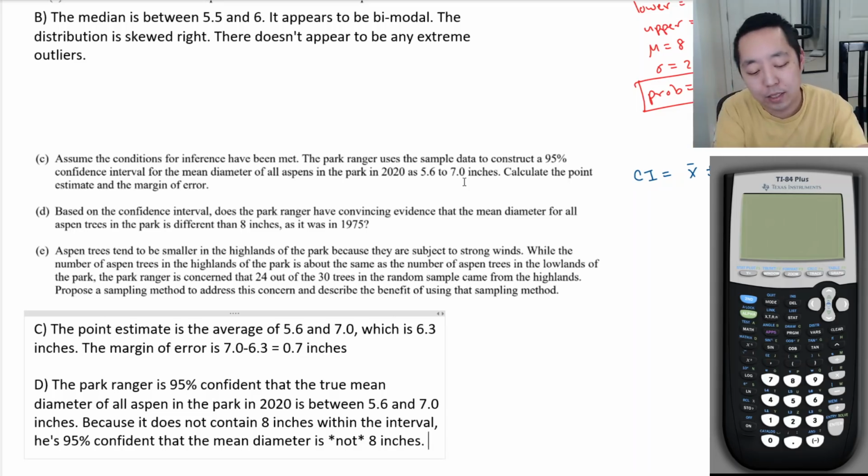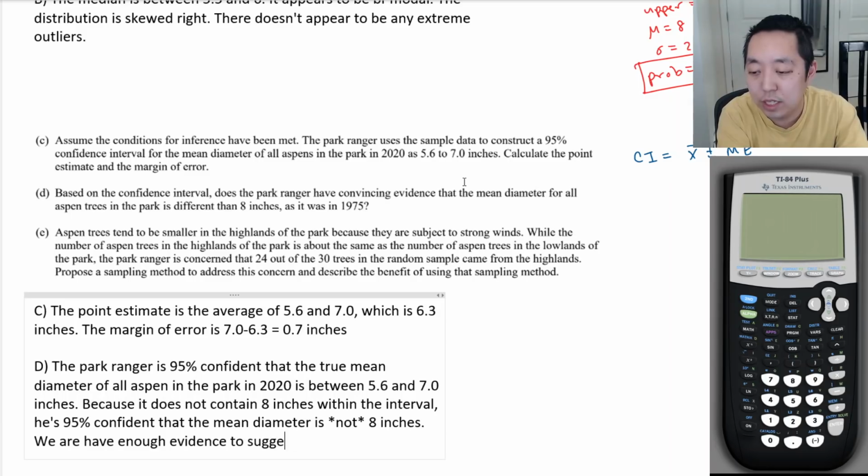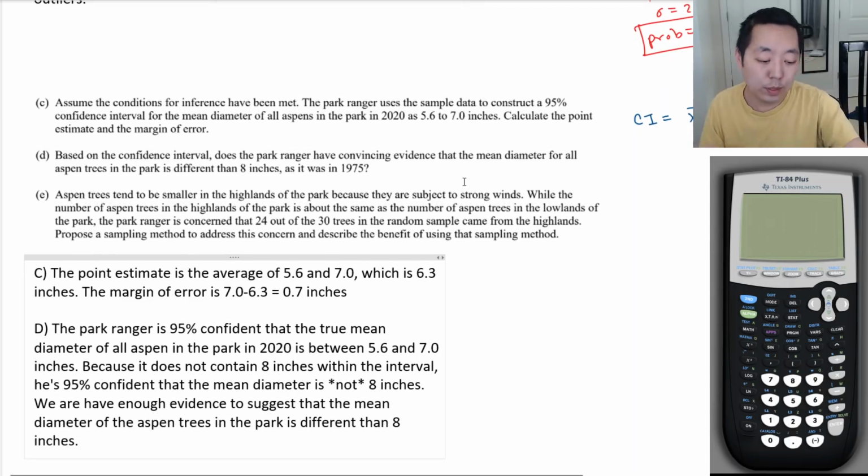So because of that, we have enough evidence to suggest that the mean diameter of the aspen trees in the park is different than 8 inches. Okay? That's pretty much all it comes down to.